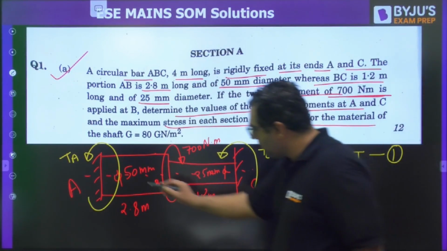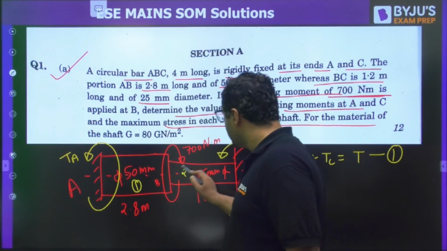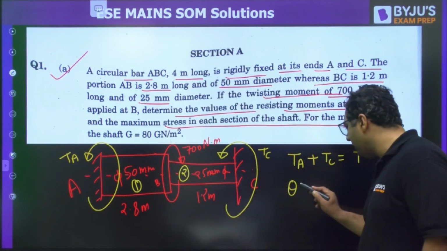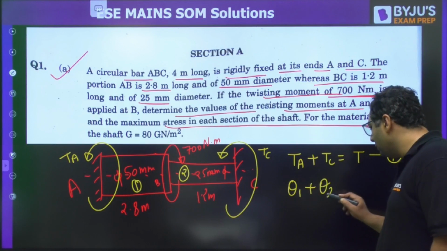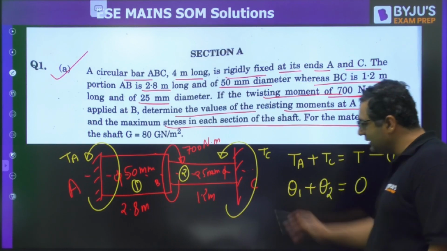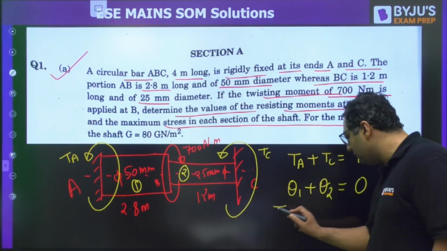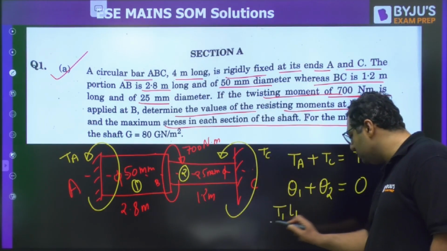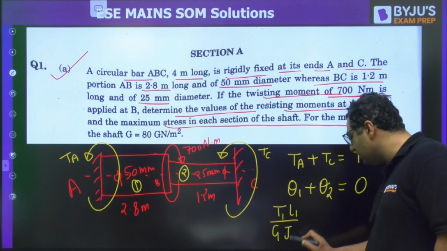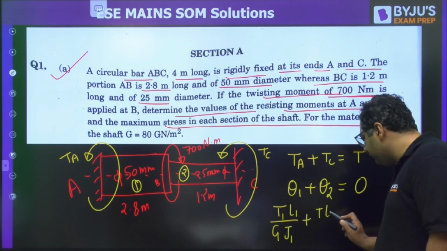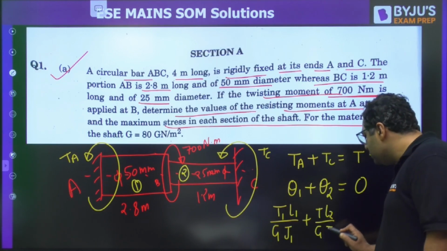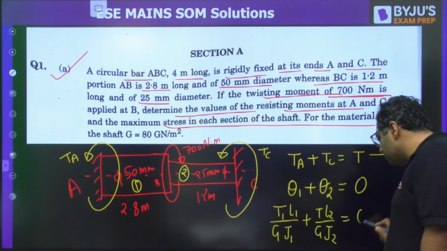And if I consider this to be 1, this to be 2, then you can also write theta 1 plus theta 2 is equal to 0 because it is fixed at both the ends. So these are the two conditions. So you can write T1 L1 by GJ1 plus T2 L2 by GJ2, that is equal to 0.